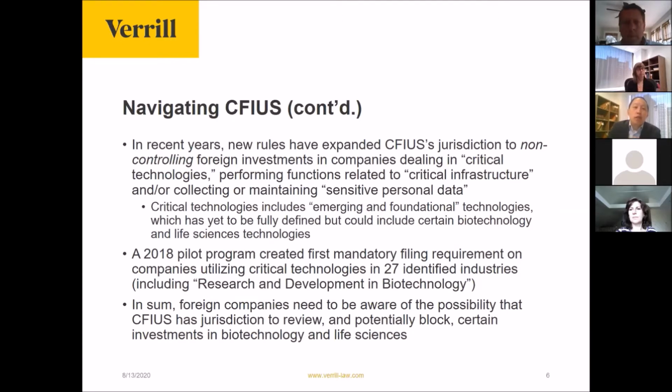There is one sort of vague category that's defined within critical technologies, which is emerging and foundational technologies, which has yet to be fully defined. And the technologies that comprise emerging and foundational technologies is being determined through an interagency process. So it's sort of a moving target.